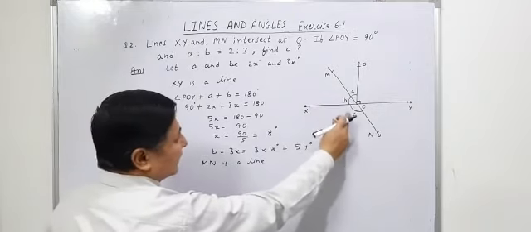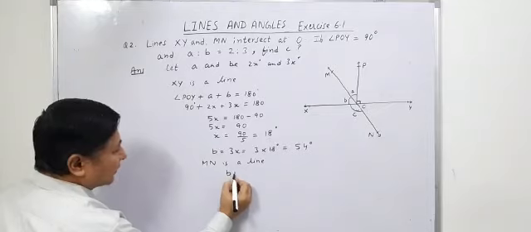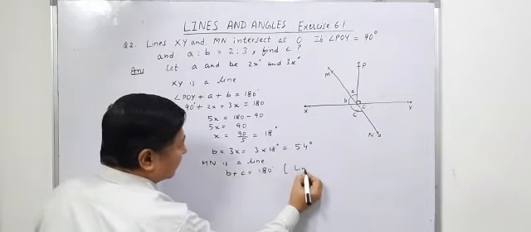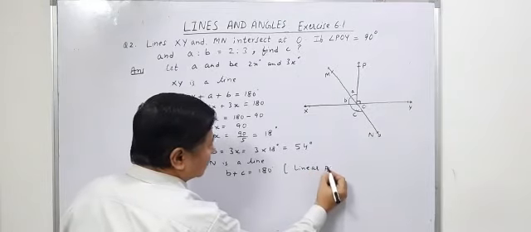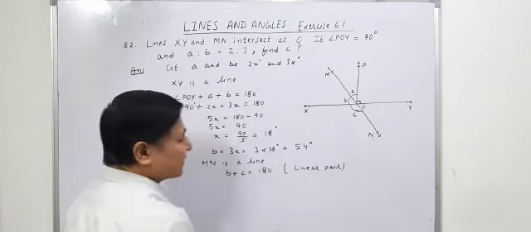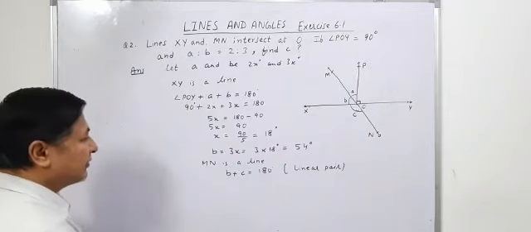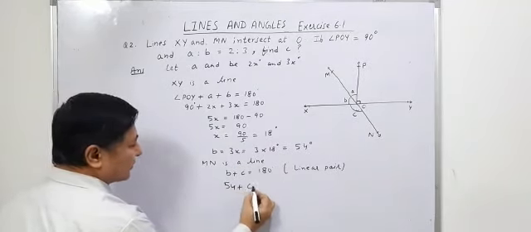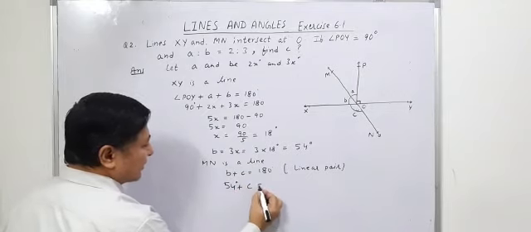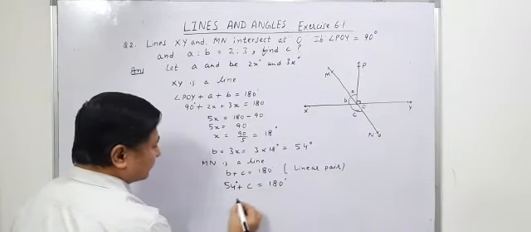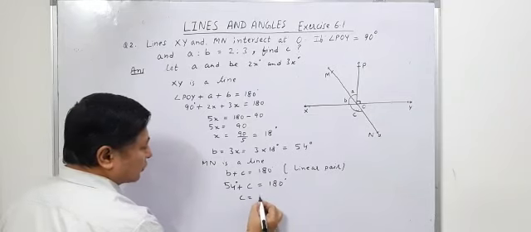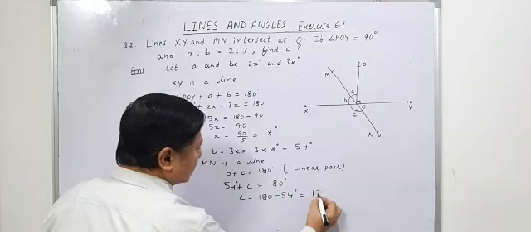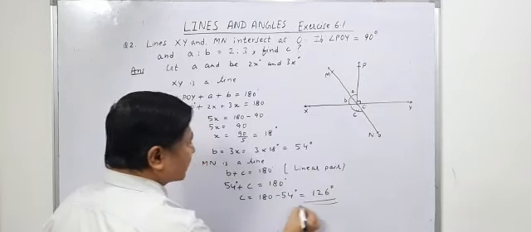So angle B and angle C are forming a linear pair, and the sum of the angles in a linear pair is 180 degrees. So angle B we have already calculated, that is 54 degrees, plus C is equal to 180 degrees. So C will be equal to 180 minus 54, and that will be equal to 126 degrees.